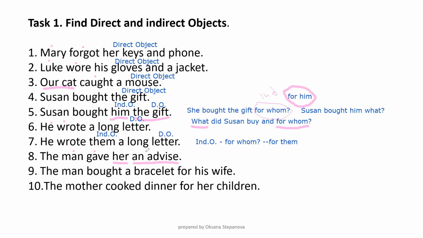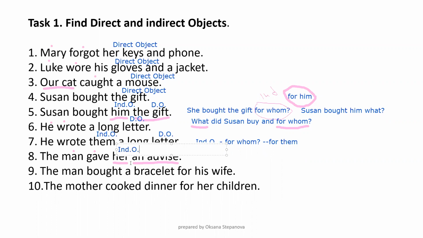So an advice is your direct object, and gave an advice for whom? For her. This is the indirect object.